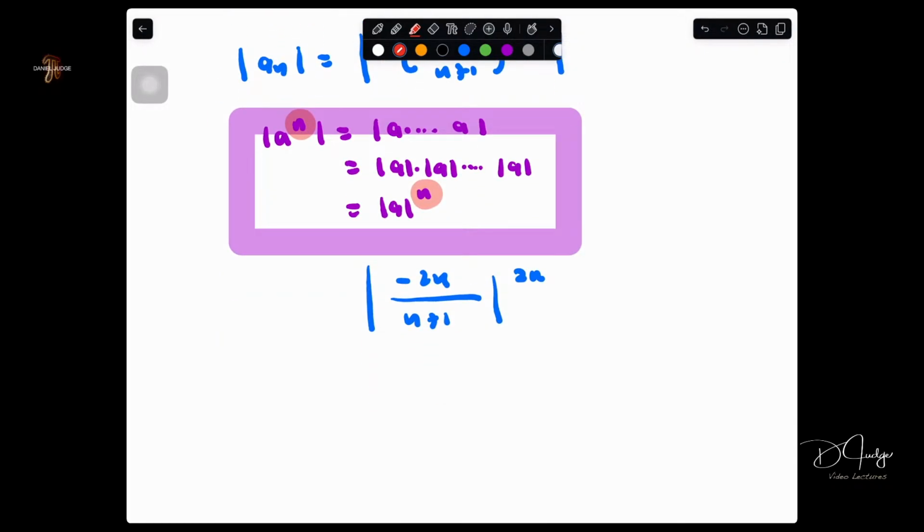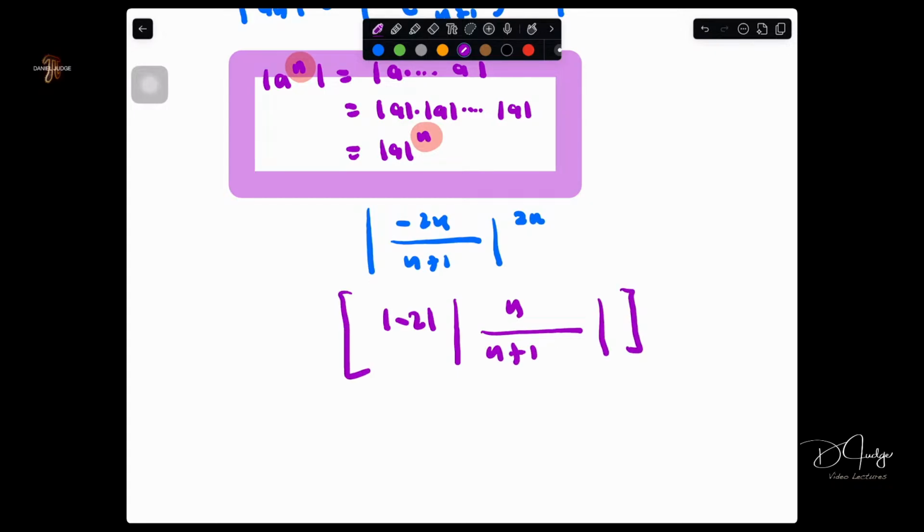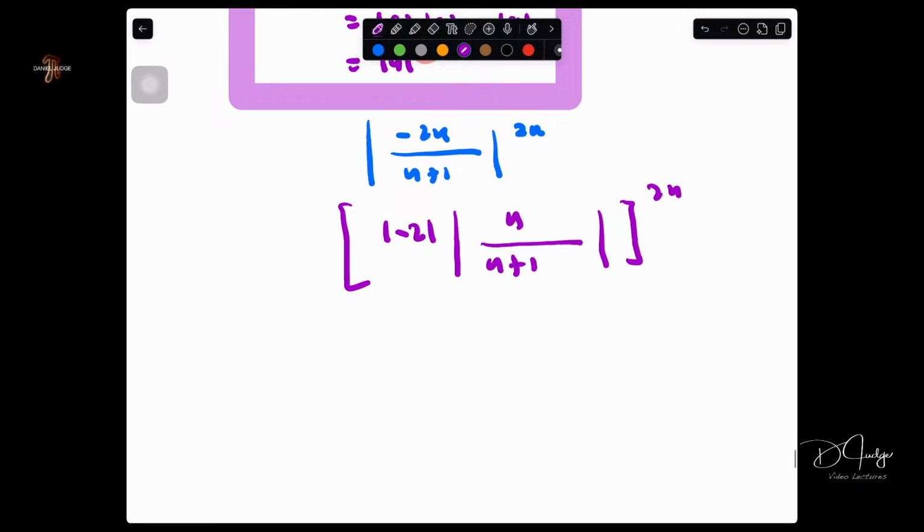So, all right, let's see what this becomes. Again, by properties of absolute value, I got the absolute value of 2 times the absolute value of n plus 1. All of this is raised to the 2n power. This portion becomes 2, and this portion in the absolute value is strictly positive.